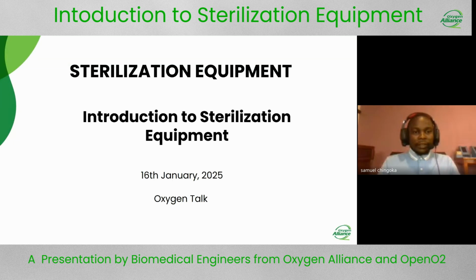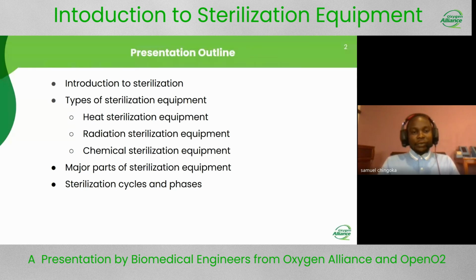So our topic is the introduction to sterilization equipment. Let's get started. Before we dive into the specifics of this topic, this is our presentation outline. We will start with an introduction to sterilization.